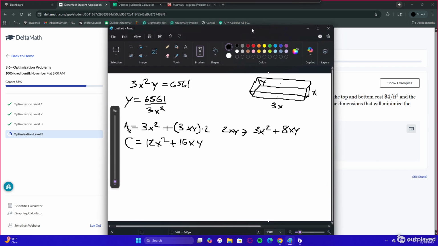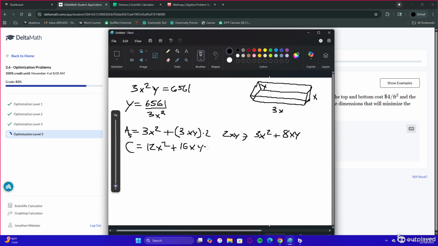And now we can plug in our y from earlier, so c would equal 12x squared plus 16x times 6,561 over 3x squared.